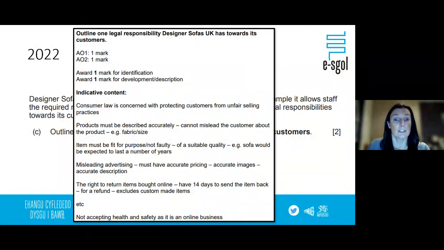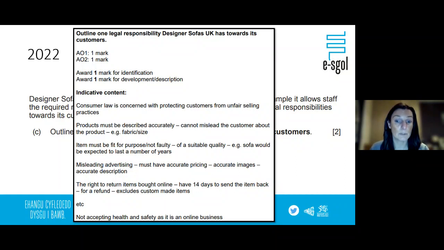So the consumer law is concerned with protecting customers from unfair selling practices. Products must be described accurately and cannot mislead the customers about the product. Okay, so you can't say it's bigger than it obviously is, for example. Items must be fit for purpose, not faulty, of suitable quality. So a sofa would be expected to last a number of years and not just maybe 6 months.